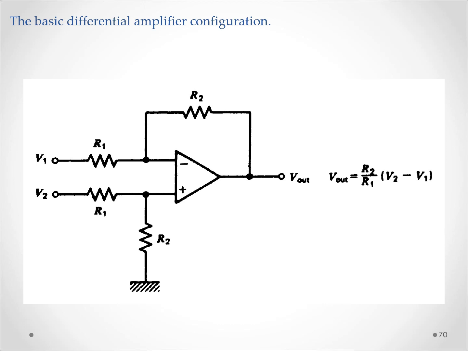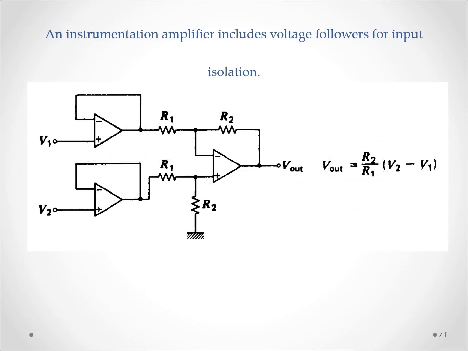The relationship between V out and V1 and V2 will be like this, where V out is equal to R2 over R1 times the difference between V2 and V1. Usually, an instrumentation amplifier will include a voltage follower at the input side. So between V2 and V1, we use a voltage follower for input isolation.